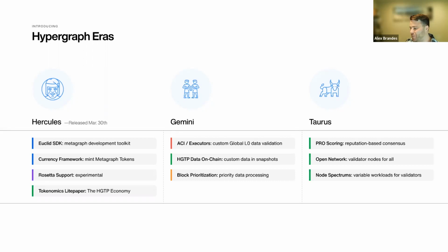So giving the ability for nodes with different processing abilities to contribute in different ways and be rewarded for that. I guess let me jump to the next slide first.